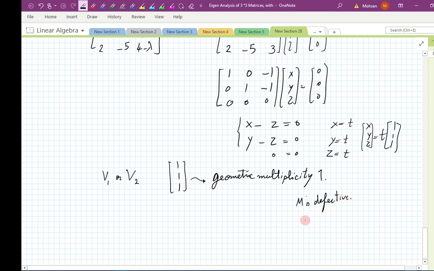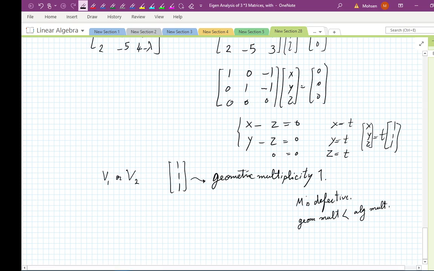That happened because the geometric multiplicity turned out to be less than the algebraic multiplicity, and we were short of eigenvectors. What this causes is that our diagonalization idea is not going to work the way we expected. So there is some headache down the road in that direction.